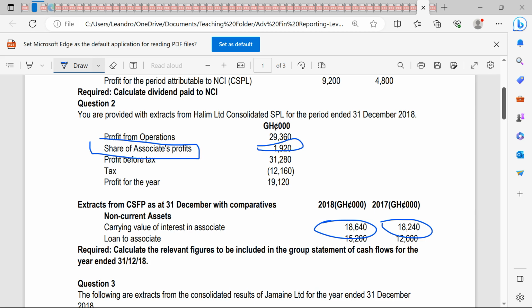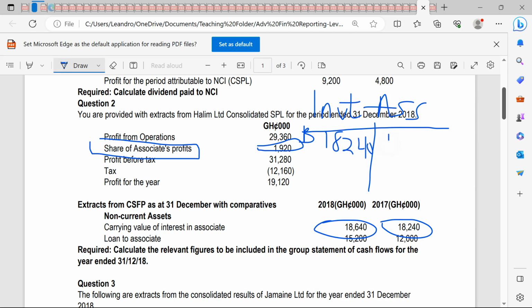These are the figures you need for your T account. Investment in associate, remember, is an asset. So your balance brought down, which is 18,240, will be a debit.